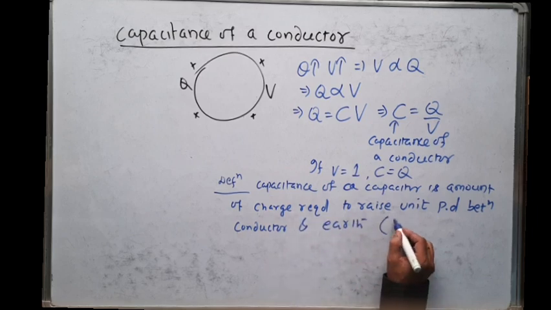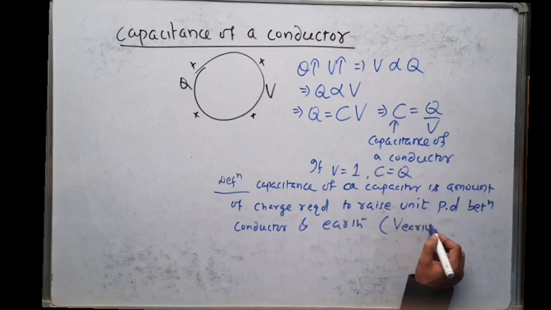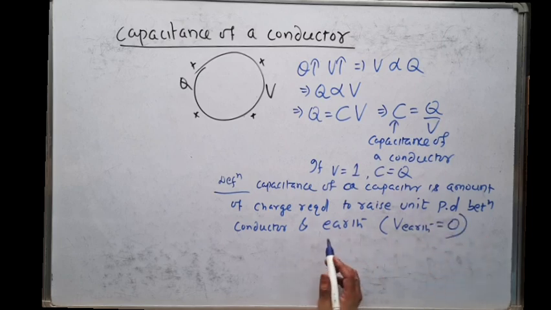Generally we take the potential on the earth surface to be equal to 0. So this is the definition of capacitance.